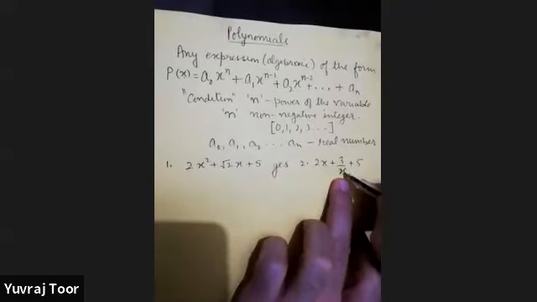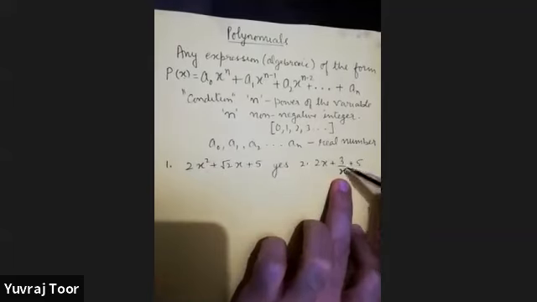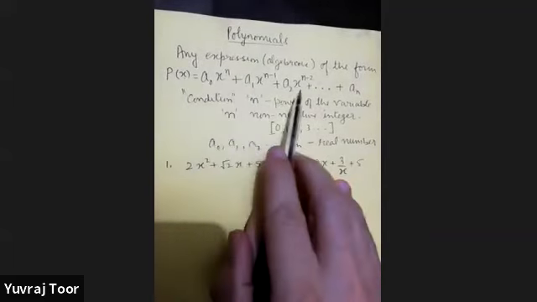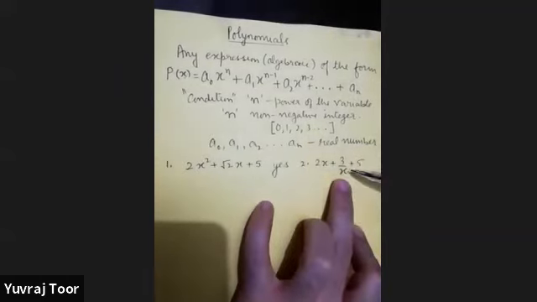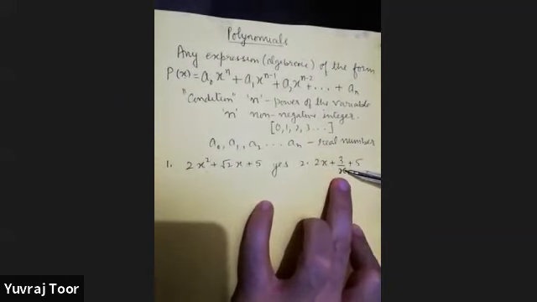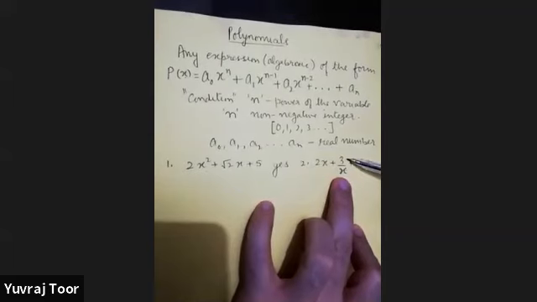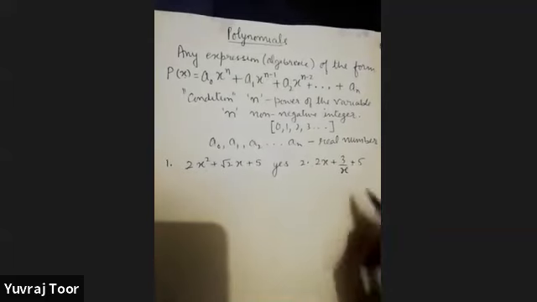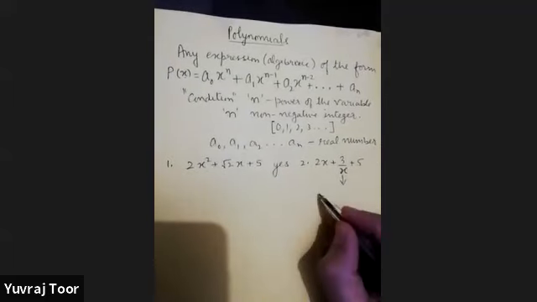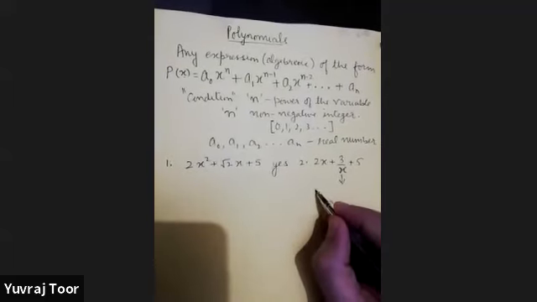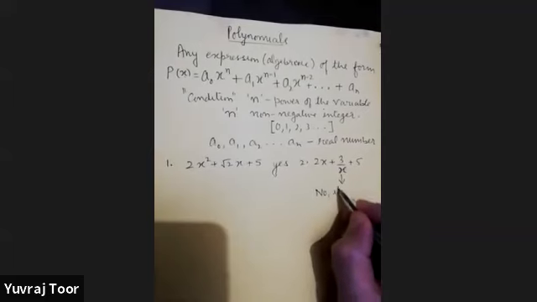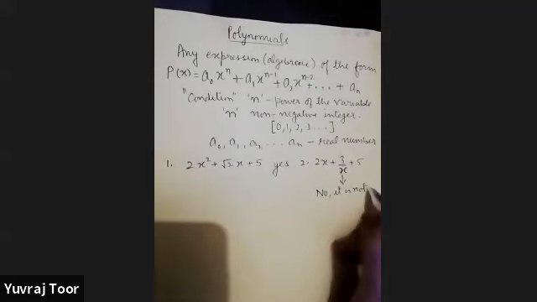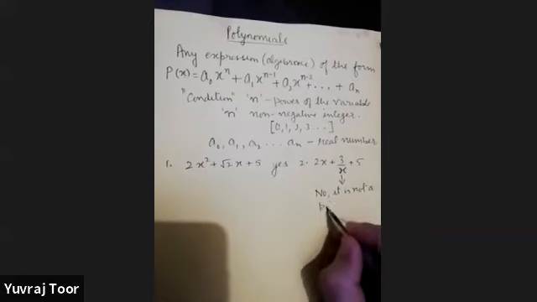So when a variable is in the denominator, you will see that according to exponents it is taking a negative power. So because of this term, no, it is not a polynomial.